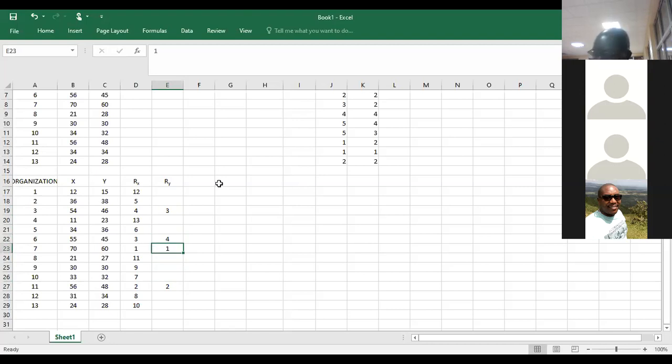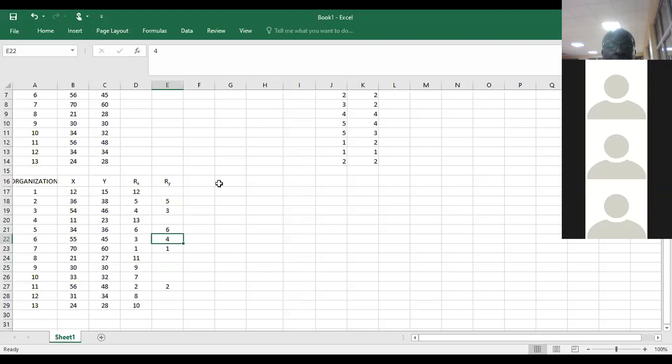Next. 38. 38 is number 5. Then 36. 36 is number 6.